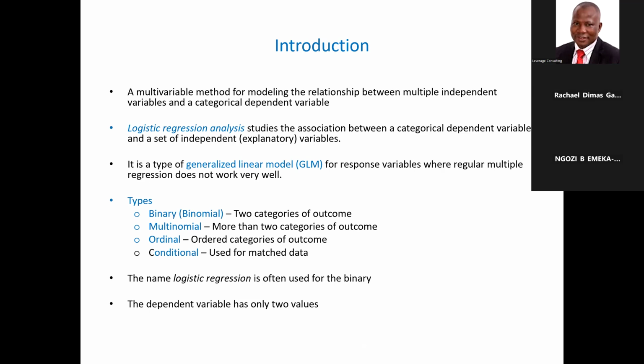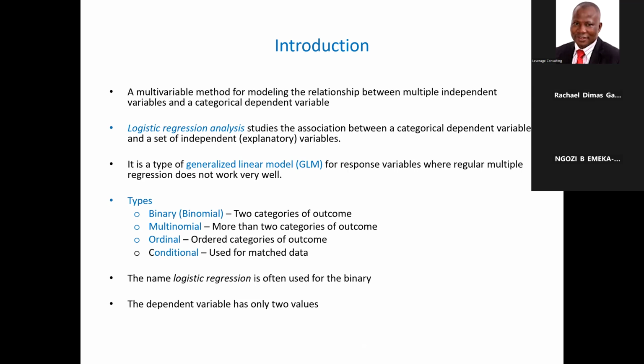Logistic regression analysis studies the association between a categorical dependent variable and a set of independent or explanatory variables. As I told you before, for linear regression, the outcome is continuous. For logistic regression, the outcome is categorical.